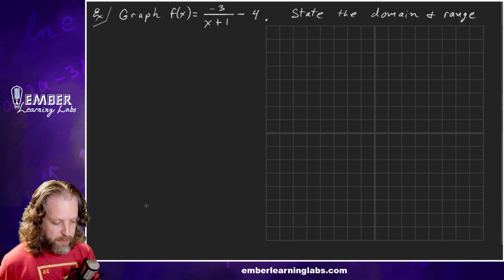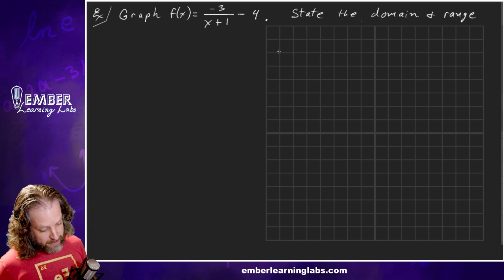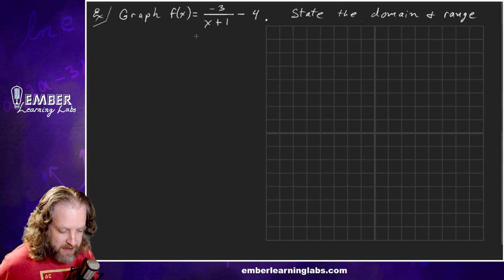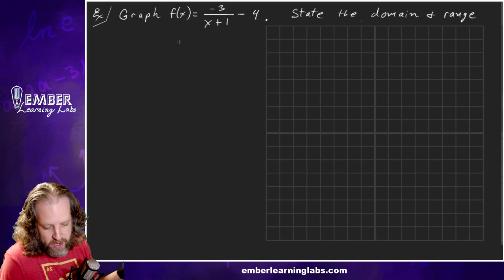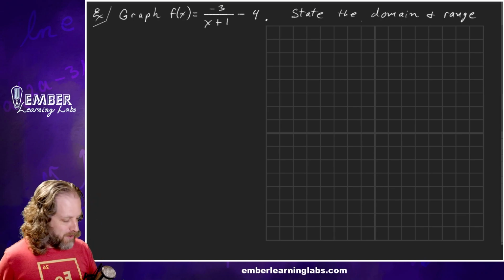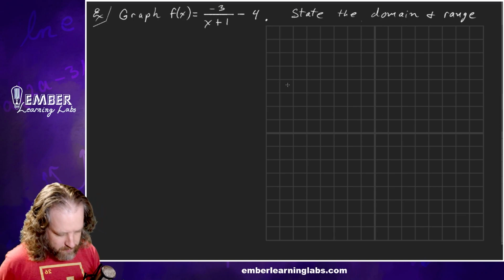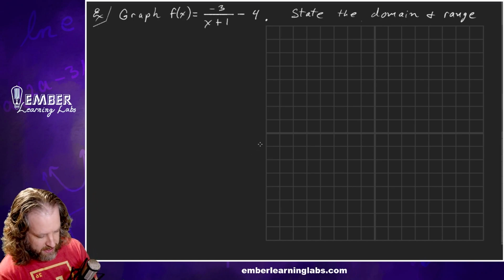Okay, this last example, we're going to graph this guy, study the domain of range. This time, though, there's no weird B thing happening, and so we don't have to do anything weird. It's pretty much what we'd expect. So where are the asymptotes? Well, the asymptotes are easy this time.